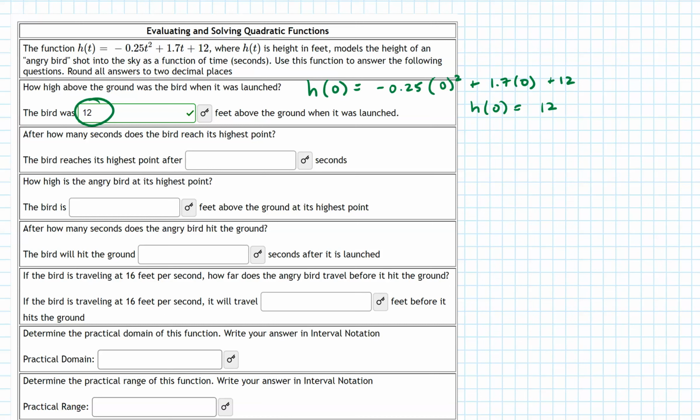This helps us find the x-coordinate, or in this case the t-coordinate, of the vertex. So negative b over 2a. I'm going to label my a value here, my b value here, and my c value here. So if we were filling in the values of that formula, negative b would be negative 1.7, and then 2 times the a value, which is negative 0.25.